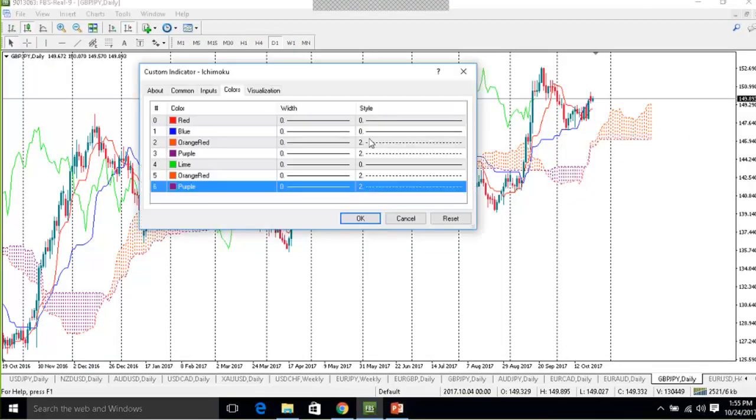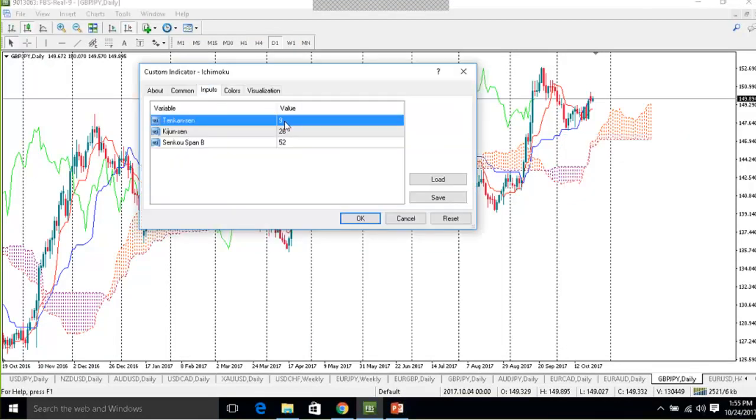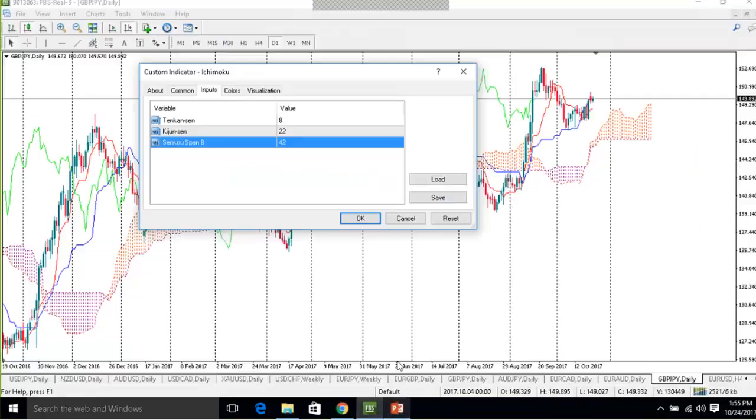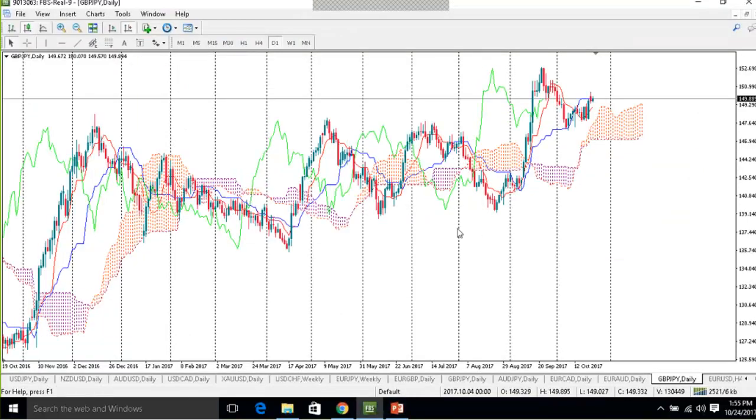So let's have a look. 8, 22, 42, right? Yeah. You can see that there wasn't a big change this time here, but there was some change.